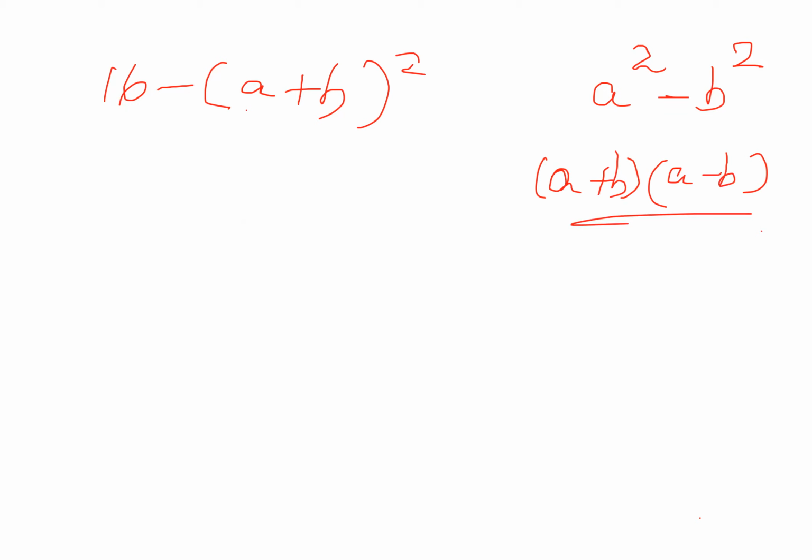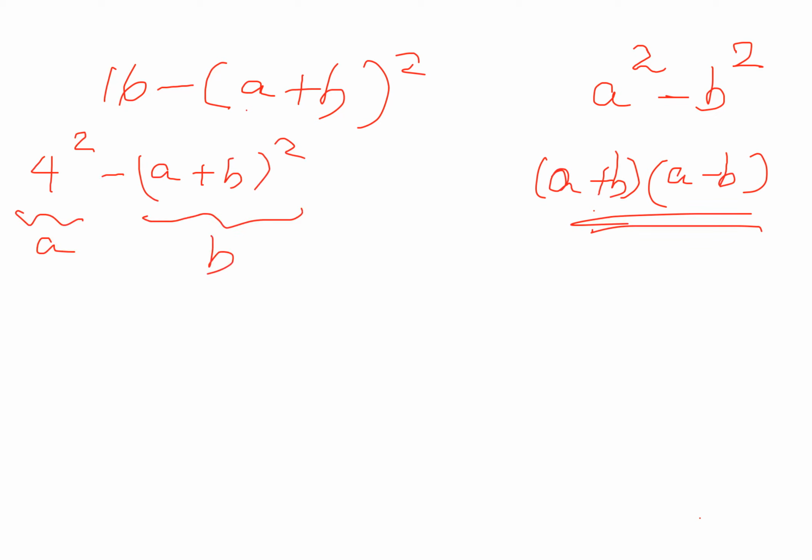Following this, this 16 you can write as 4 squared, minus (a plus b) squared. Now you can see it looks like this one. This is the a, this is the b. A squared, b squared. I don't need to write this out, we just apply it.